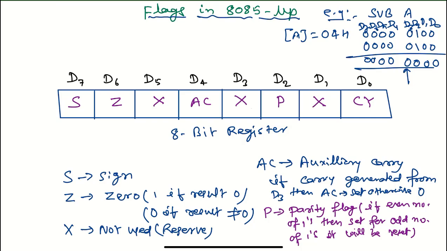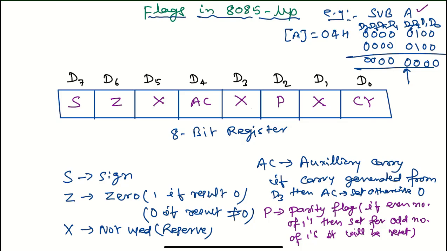In this example, if someone asks what the status of this parity bit will be, you see that as a result of this SUBA, the result has all zeros. All zeros means there are 0 ones. Many times students answer this wrongly, saying it will be 0, but here zero number of ones is called even parity.